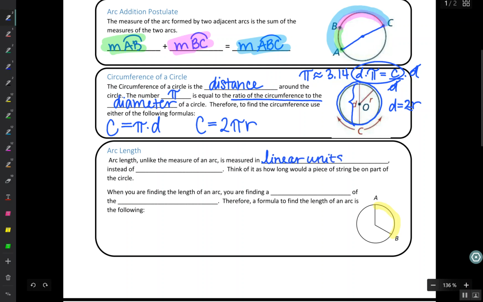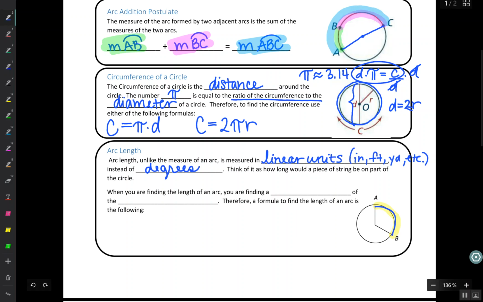So think inches, feet, yards, etc., instead of just degrees. Think of it as how long a piece of string would be on part of a circle.